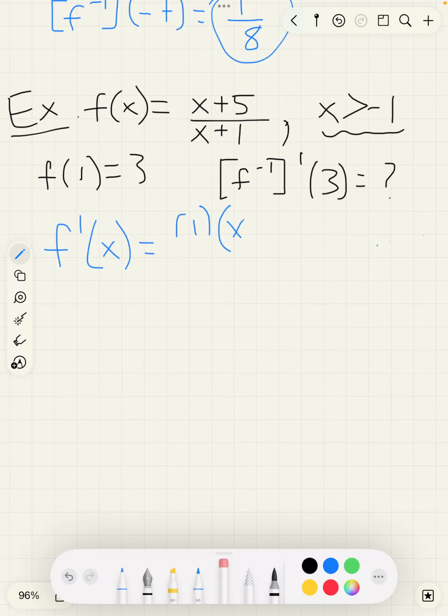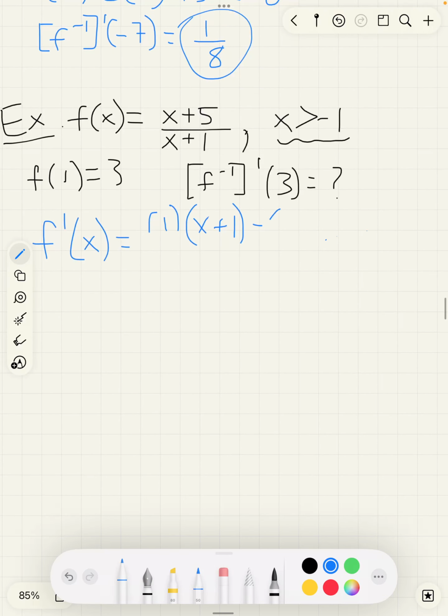The bottom is x plus 1. The top we have is x plus 5. The derivative of the bottom is 1. And this is all over the bottom squared.